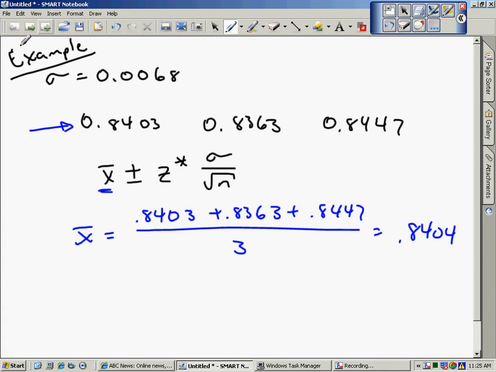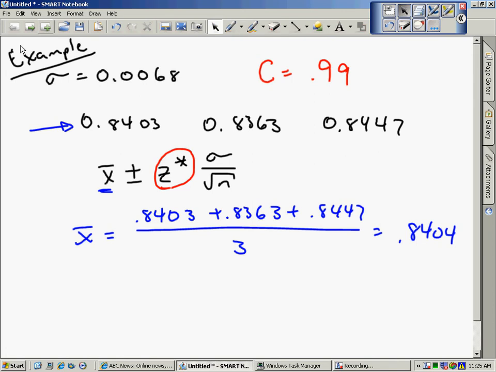Next, we need to figure out z star. If you remember, z star is the magic z value that gives you the confidence level that you want. For this problem, the book would like a 99% confidence interval. We abbreviate that with a capital letter C for the confidence level being 99%.